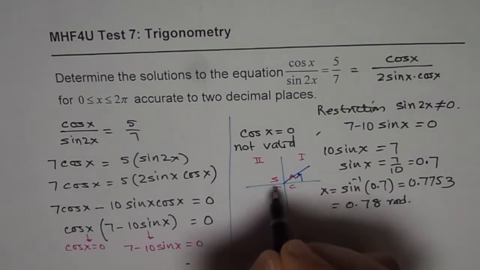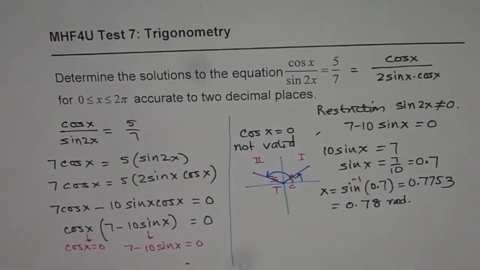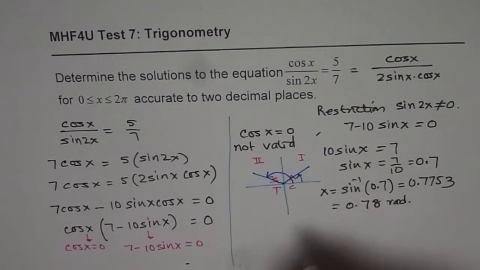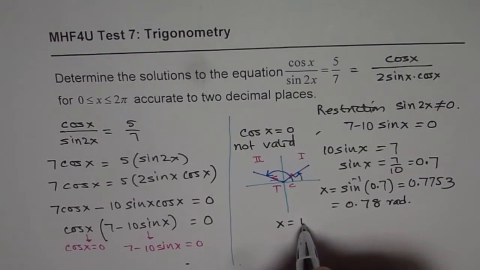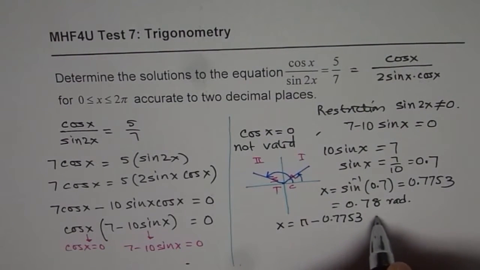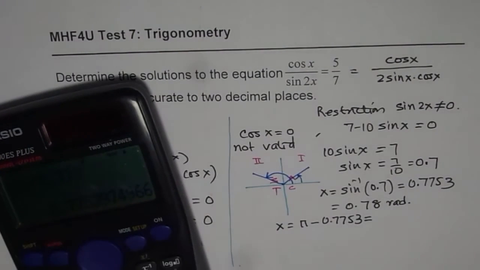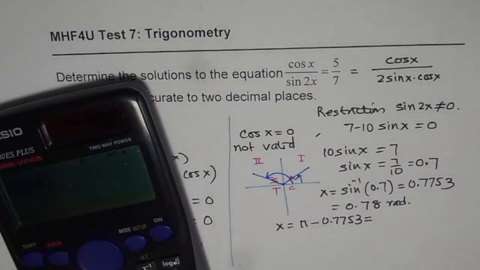That is the first answer. So the second one will be pi minus this, right? So the other solution will be x equals pi minus 0.7753, which is equal to how much? Let's do that. So we already have that number. I will take away pi from here, but write the positive value.